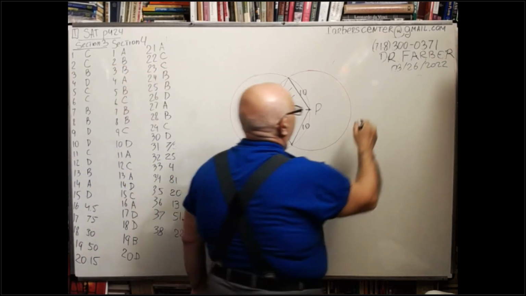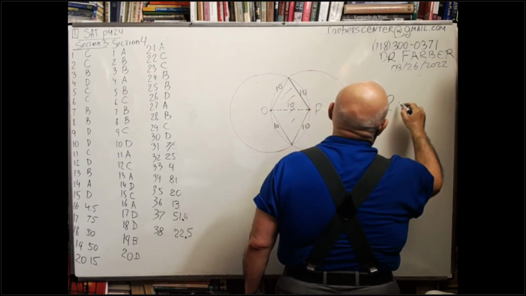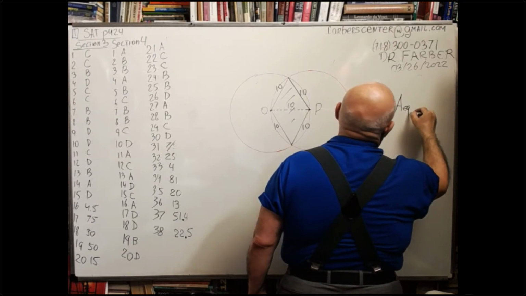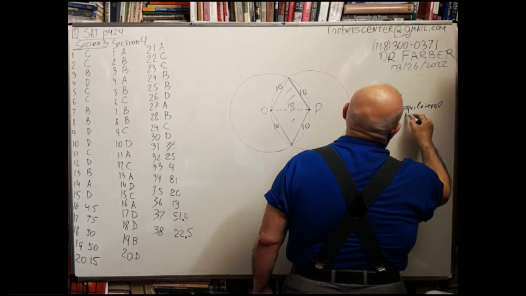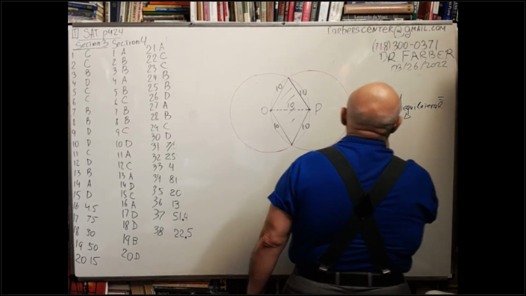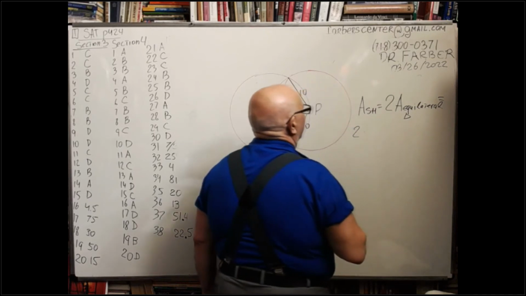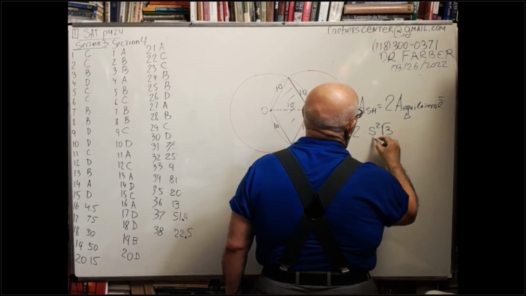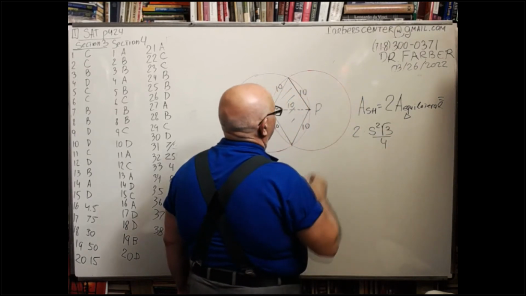And the area shaded equals the area of the equilateral triangles, which is 2 times the formula for an equilateral triangle, s squared square root of 3 over 4. S is a side, and the side equals 10.